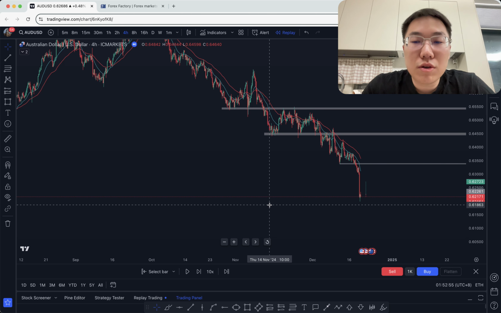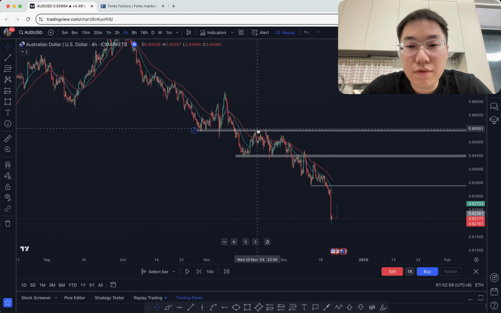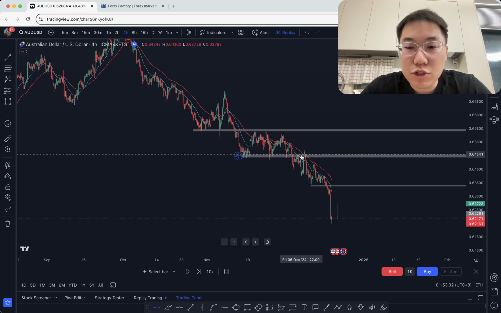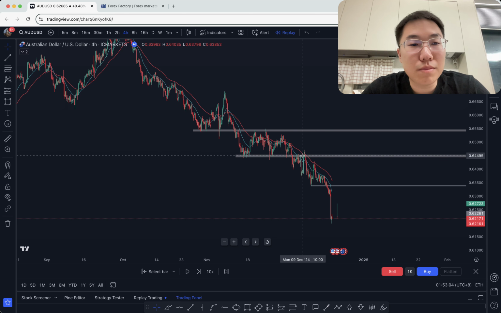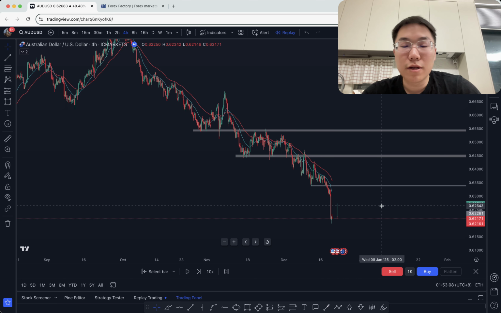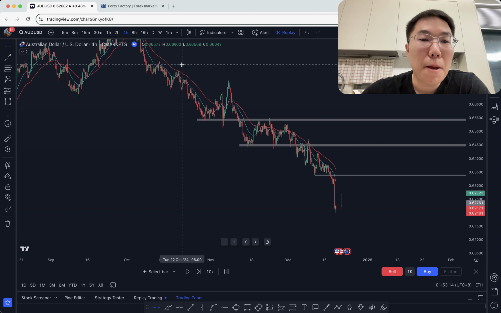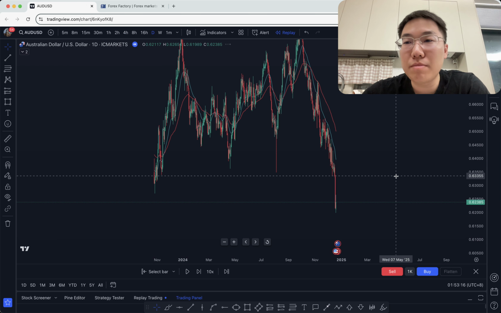I wouldn't say it's wrong to look for sell, because if you shorted here, for example, at 0.6543, you'll make money. If you shorted here on the break and retest at 0.6449, you will make money if you short it all the way. But there'll be one point where price started to bounce.